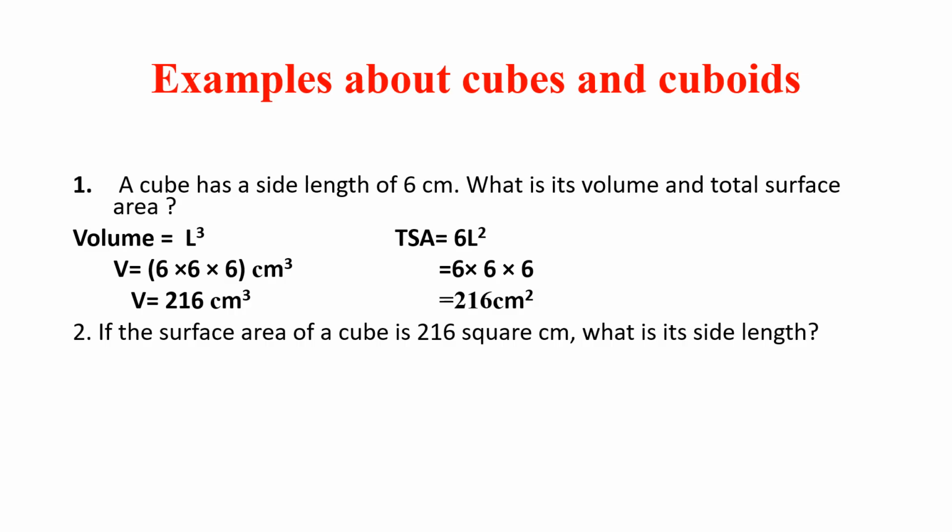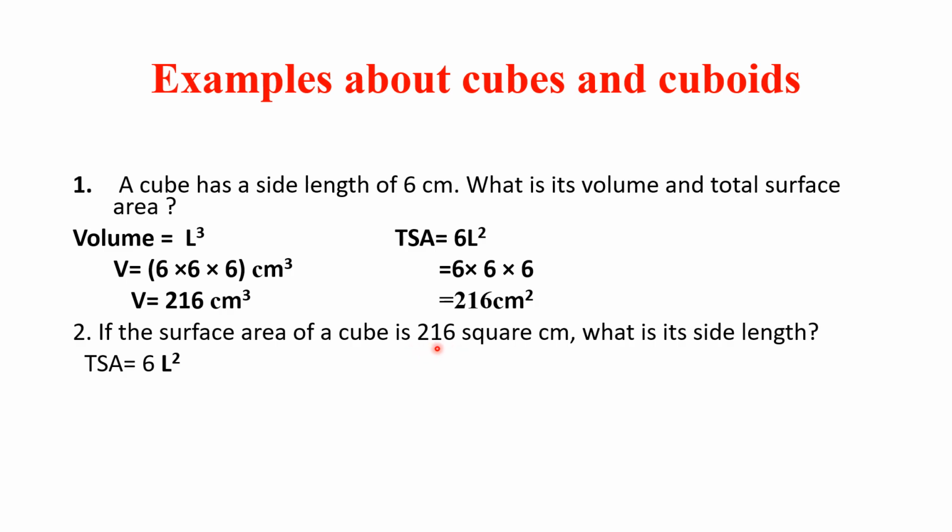Now here we shall say that the surface area is equal to 6L squared. The surface area of a cube is equal to 6L squared. But you need to come to your question and extract important information. Do I have the total surface area? It is 216.